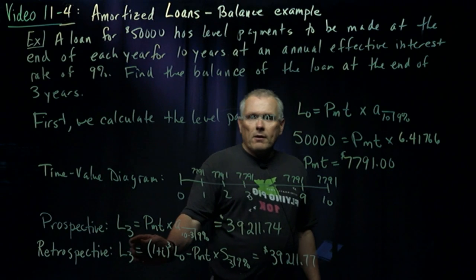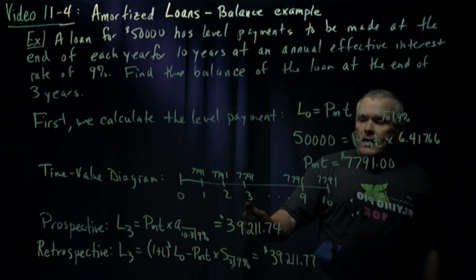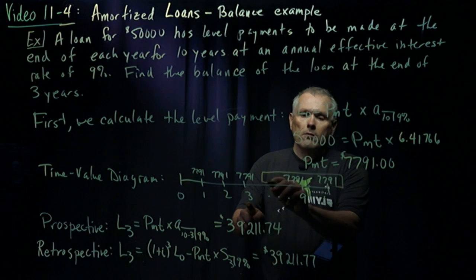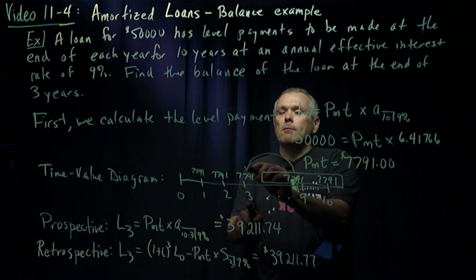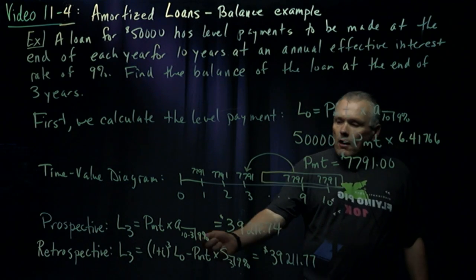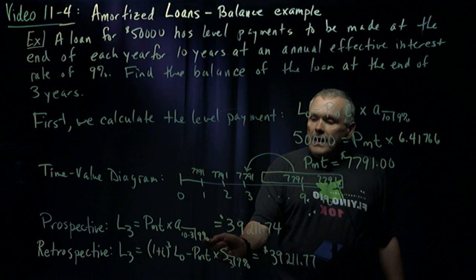The loan value at time 3 has to be the present value at time 3 of all of the future payments. So think about all of this annuity getting moved to time 3. So this, again, would be an annuity immediate. There are 10 minus 3 payments remaining, so 7 payments remaining at 9%.